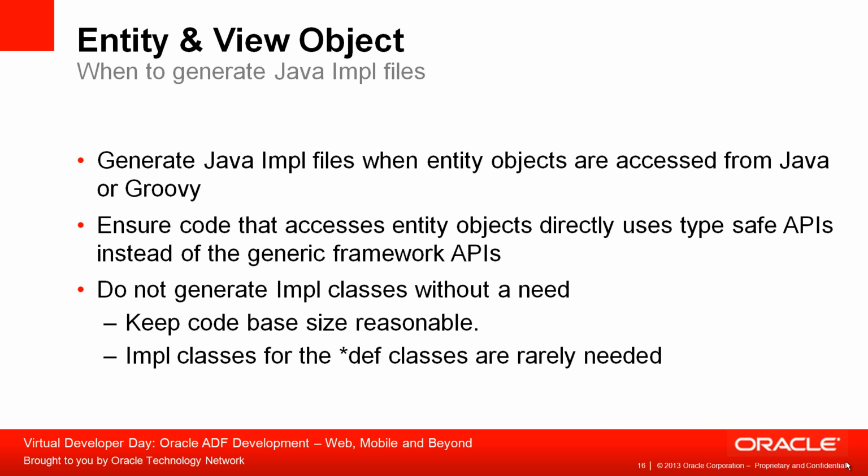On the implementation best practice, a recommendation to share is not to create impl files for all the view objects that you create. And I'm not talking about the base classes. I'm talking about creating view object, entity object and application module impl classes for all of your application modules, view objects or entities. Some customers argue that having impl files makes it easy to debug code, and I agree.